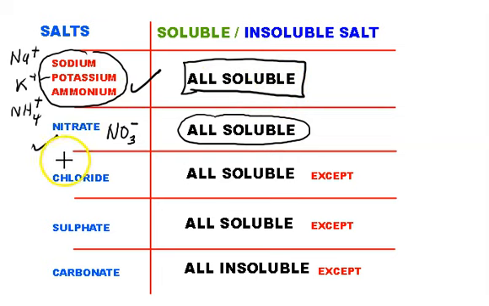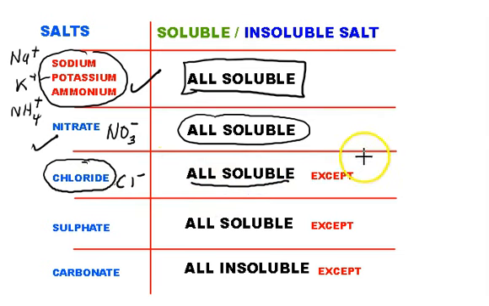Now let us look at the chloride. Chloride is the Cl- ion. All the compounds that contain chloride are soluble except for silver and also lead.